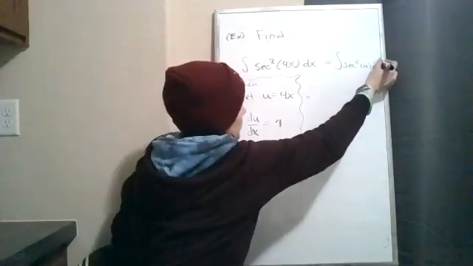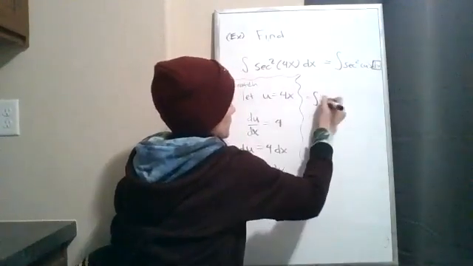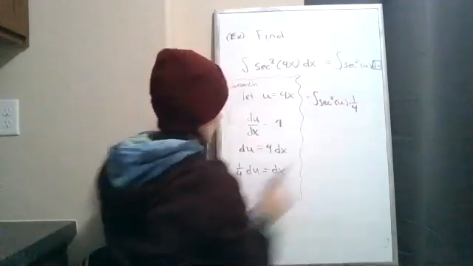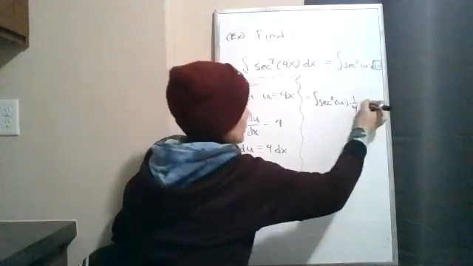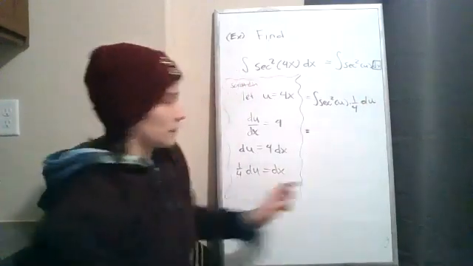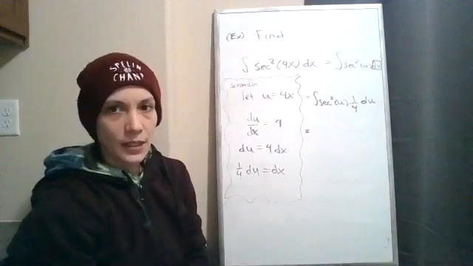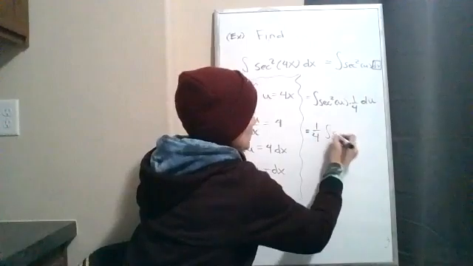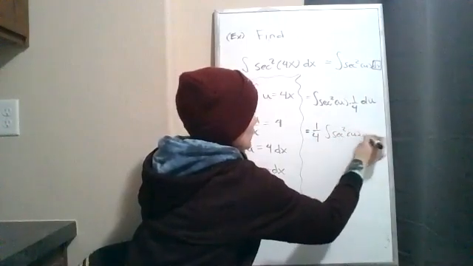So I'll just replace this part. dx is 1/4 du. Okay. So 1/4 integral of secant squared of u du.